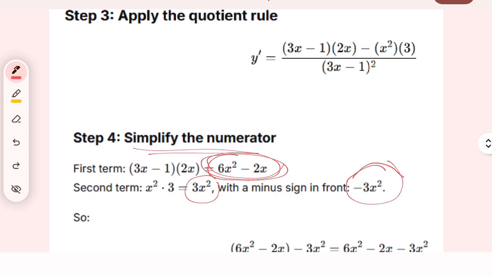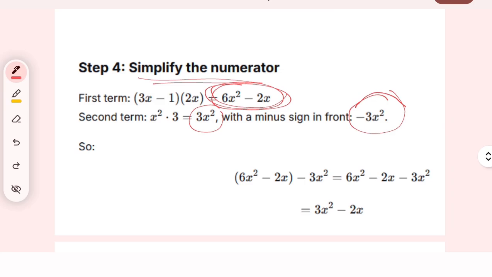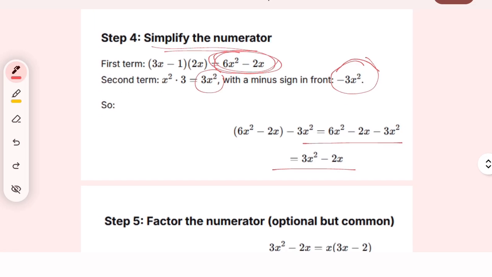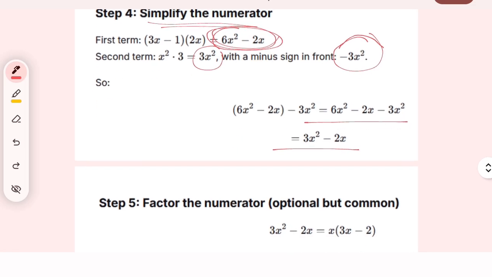Once you have that, you put them all together, combine terms and simplify. It comes out to 3x squared minus 2x.